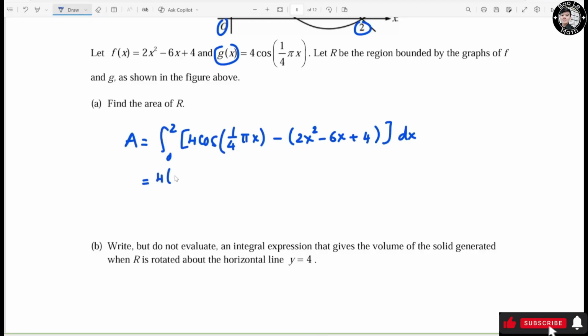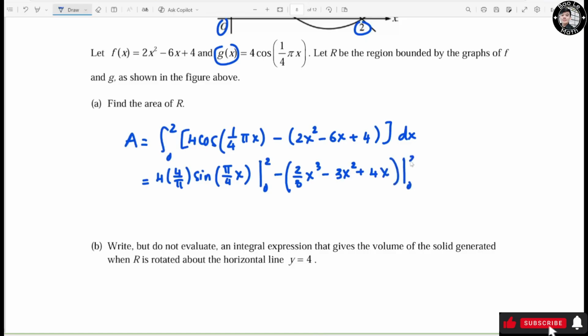4 times 4 over pi sine of pi over 4 s evaluated from 0 to 2, subtract 2 over 3 s cubed minus 3 s squared plus 4 s evaluated from 0 to 2.